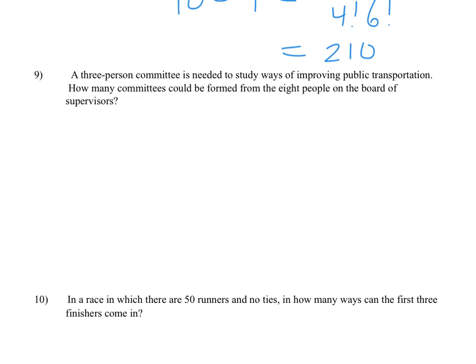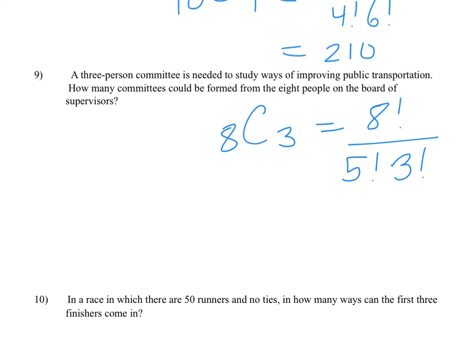So again, I'm going to use 8 and we're going to choose 3. If I were to write this out in my formula, it will be 8 factorial divided by 5 factorial times 3 factorial.